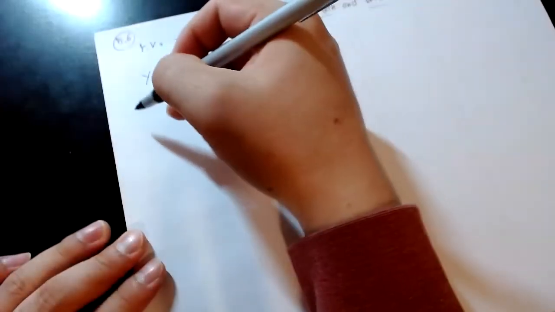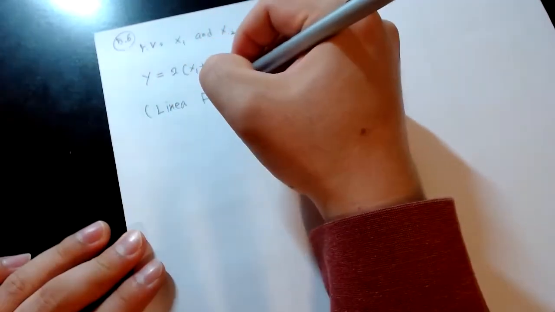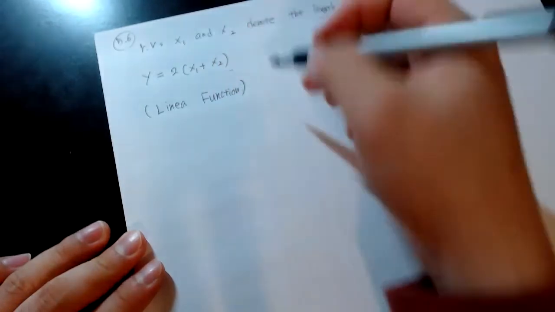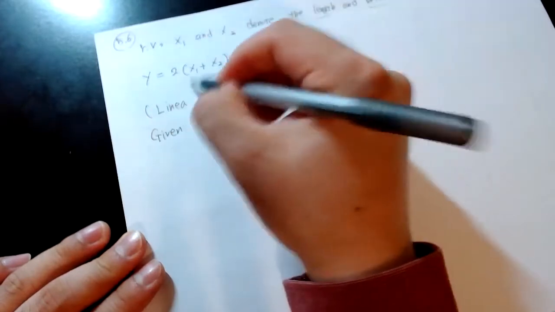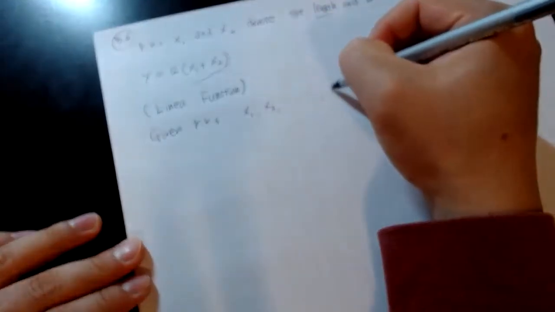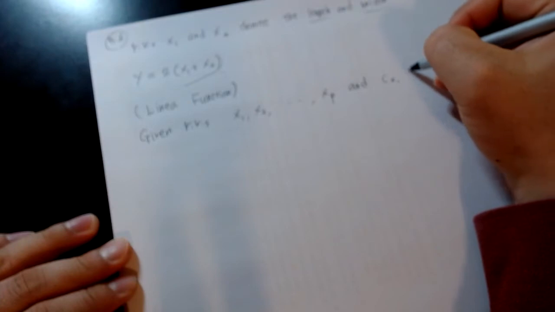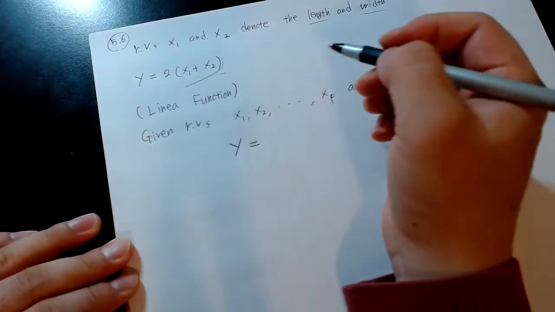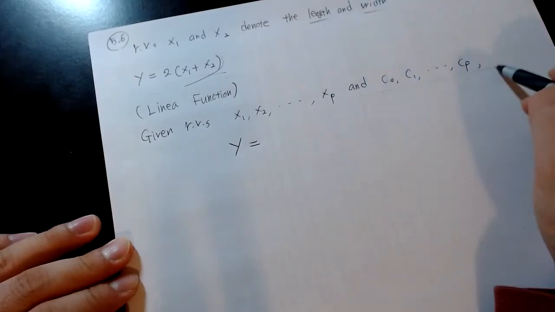Now, starting from the first topic, linear functions. We're going to generalize this example. For given random variables X1, X2 through Xp, and constants c0, c1 through cp, we define Y as a linear combination of random variables X1 to Xp with coefficients.